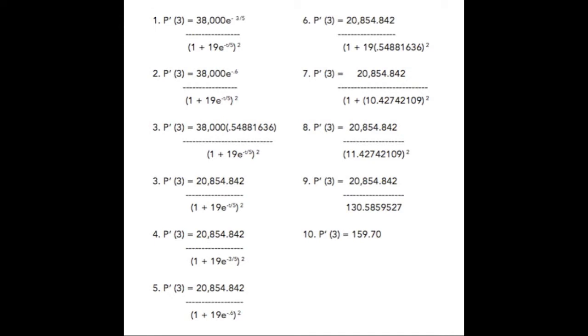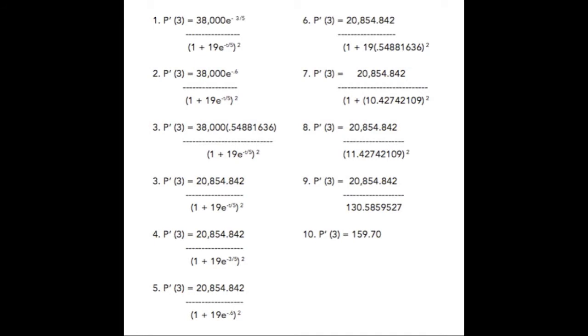Then you will have 38,000 e to the power of negative 0.6, because negative 0.6 is the result of the exponent negative 3 over 5. Then you divide that over 1 plus 19e to the power of negative t over 5, in parentheses to the power of 2.